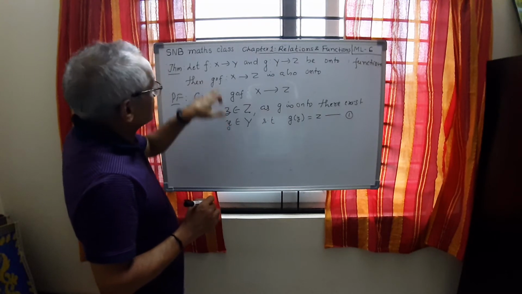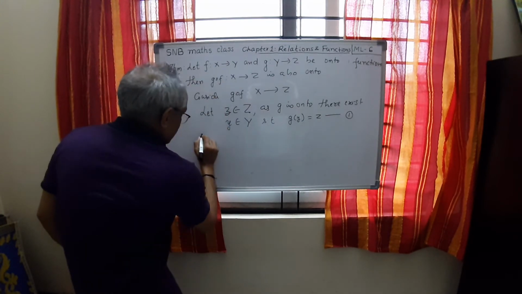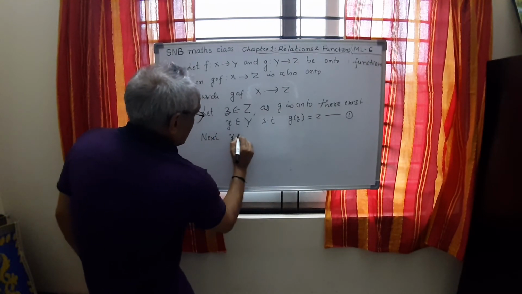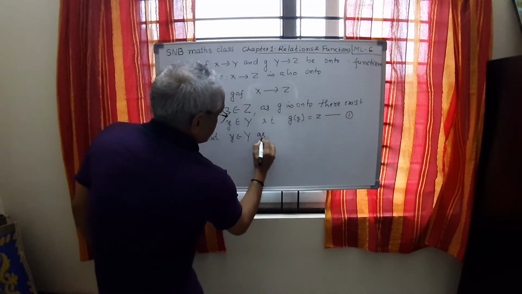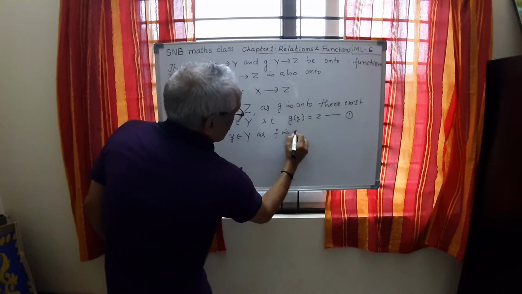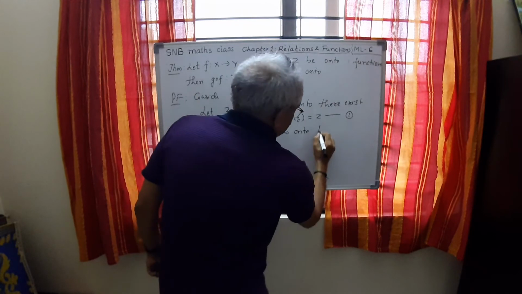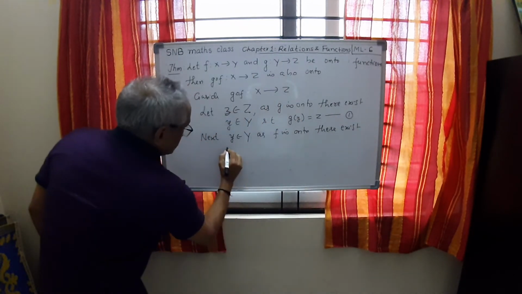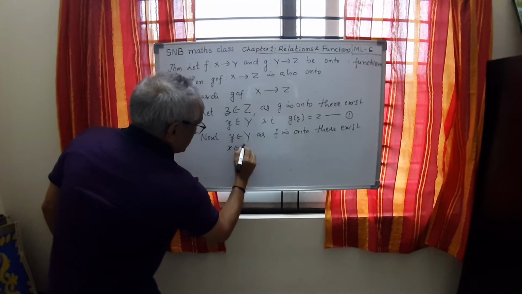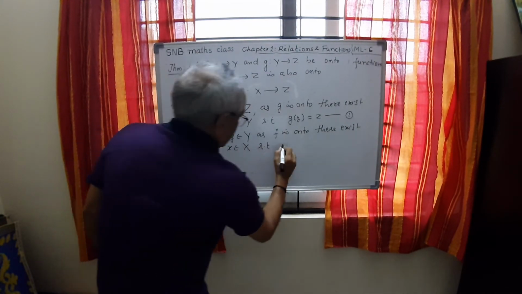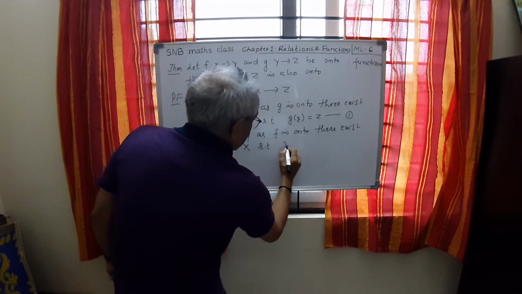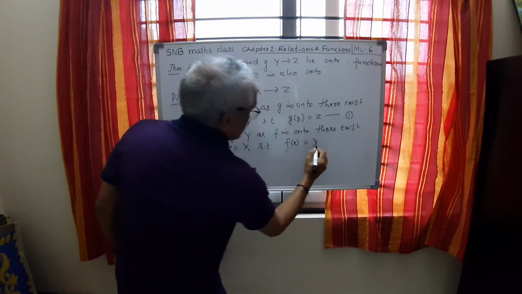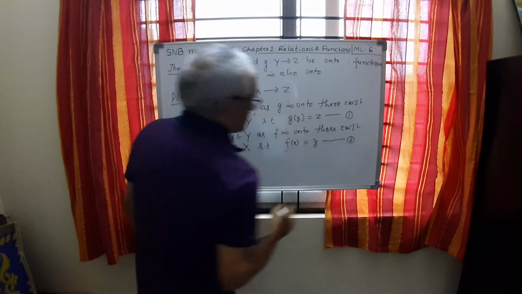Corresponding to every y, there must be some x here. Therefore, y belongs to Y, and as f is onto, there exists x belonging to X such that f of x is equal to y. So this is 2.